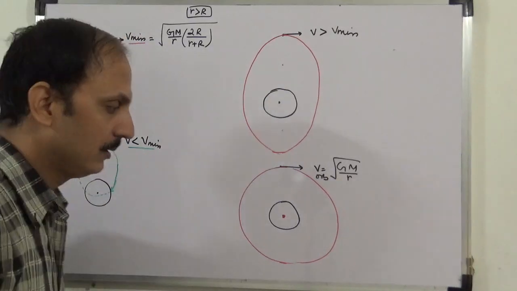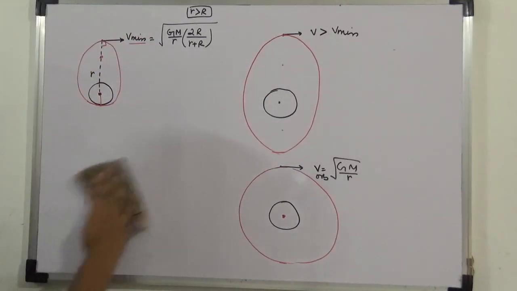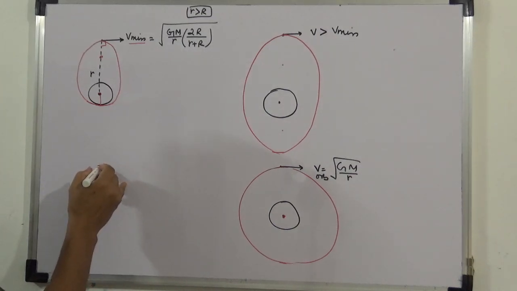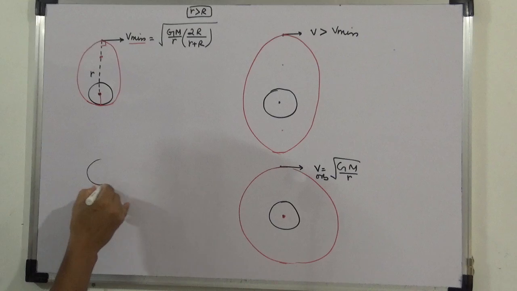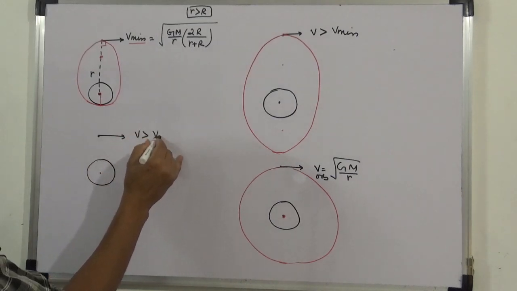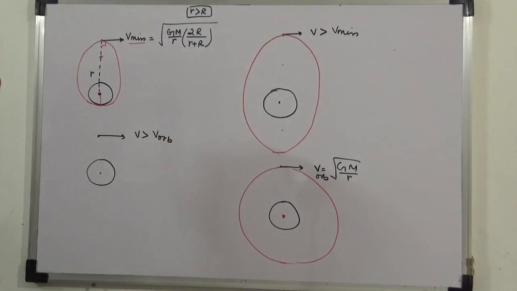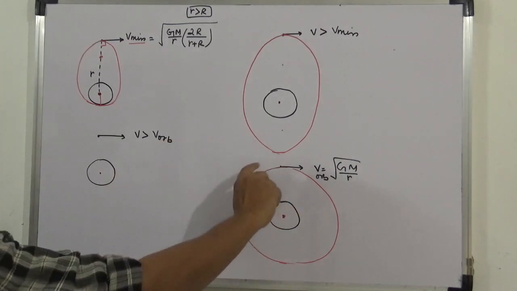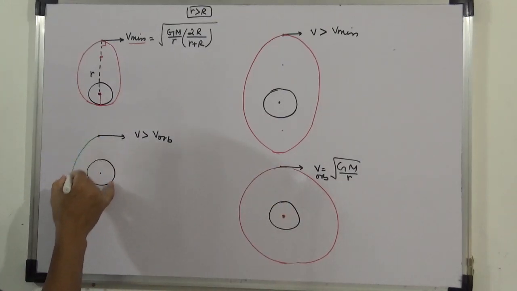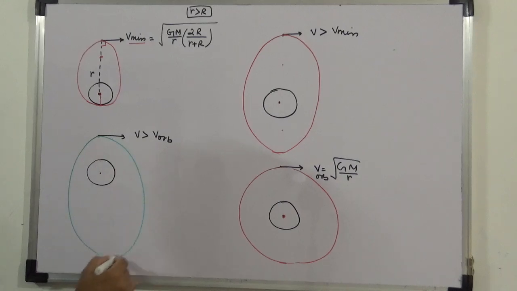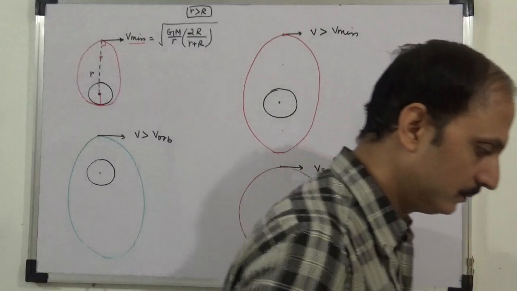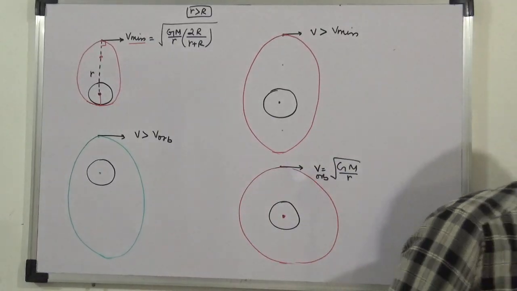what will happen? I remove this. I come from here. If V is more than V orbital, if V is greater than V orbital, what will happen? It is going to move again, as it becomes bigger, it will become again an ellipse, an elliptical path with Earth as a near focus with respect to the point of projection.